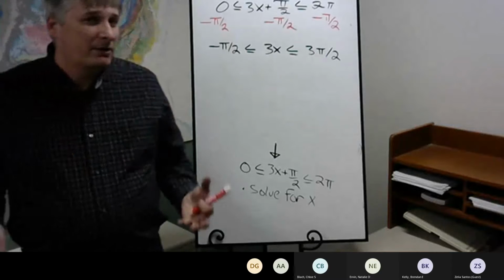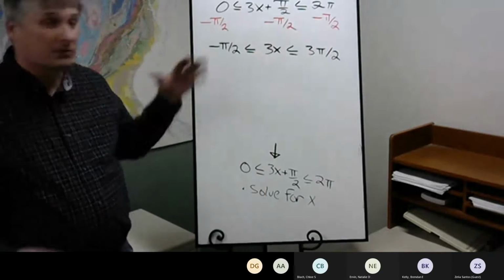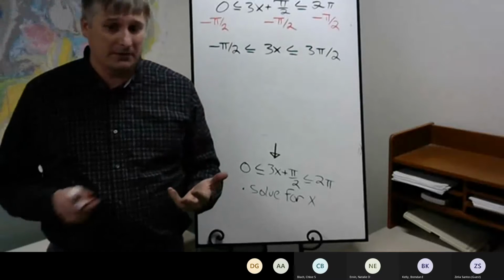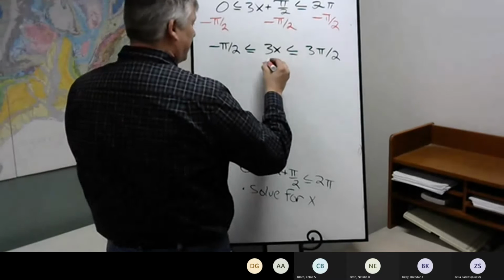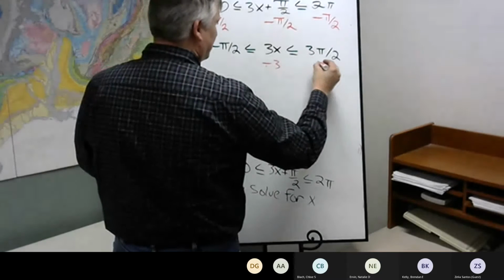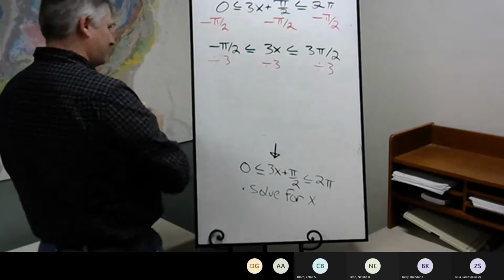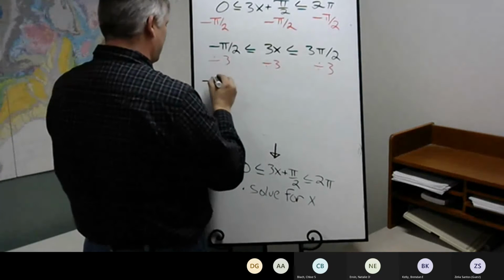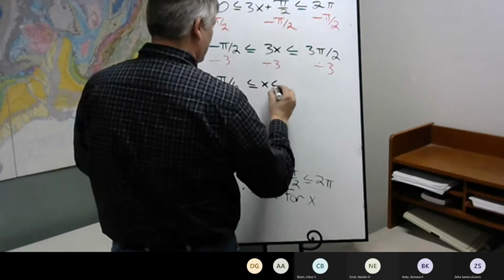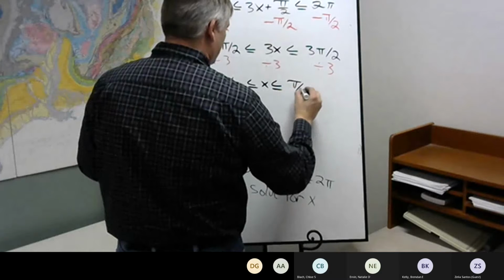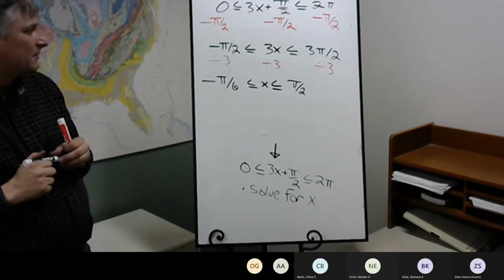So if we subtract pi over 2 everywhere, it'll cancel here, and we subtract here and here also. That's how we work with these inequalities. Now we divide by 3. We divide everywhere by 3. So we're going to get this.